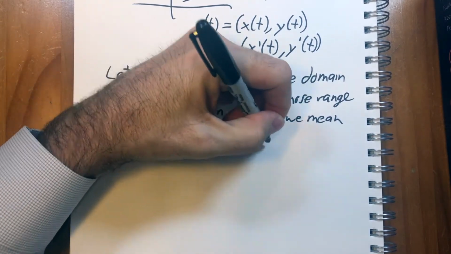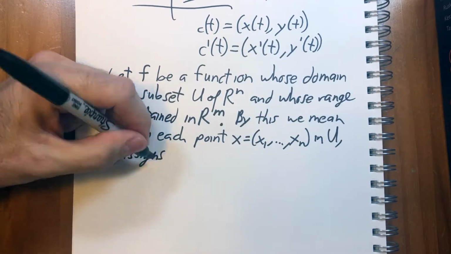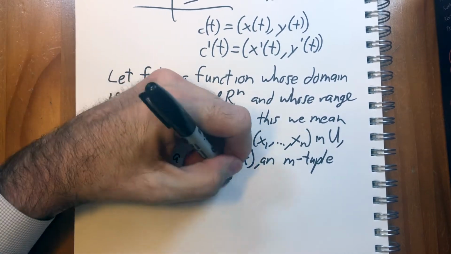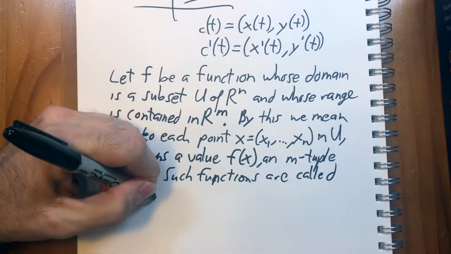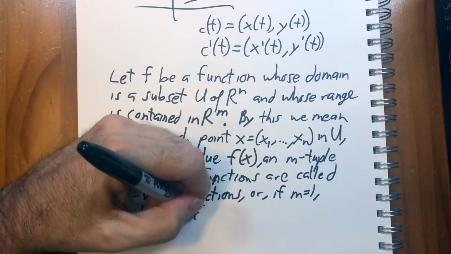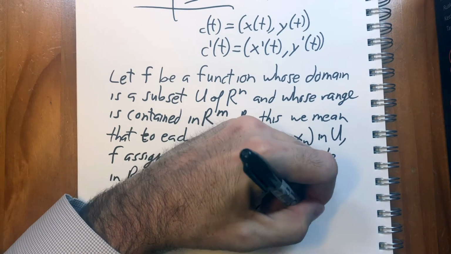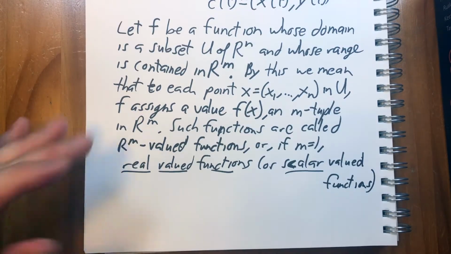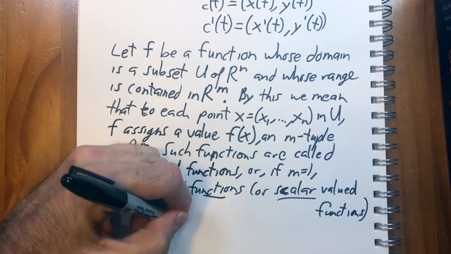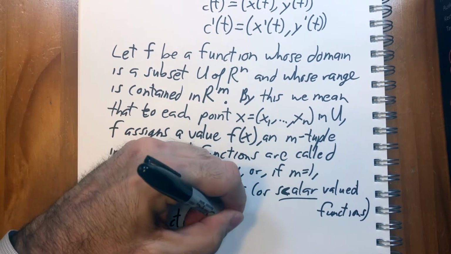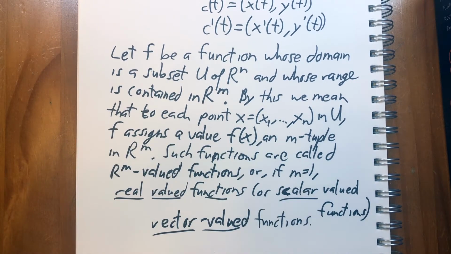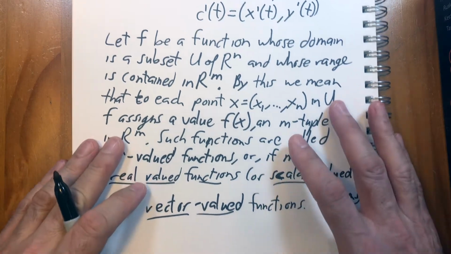By this we mean that to each point x, which is (x1, ..., xn) in U, f assigns a value f(x), an m-tuple in R^m. Such functions are called R^m-valued functions, or if m equals 1, real-valued functions or scalar-valued functions. So when the values of f(x) are in R^m, when it's more than one dimension, then they're called vector-valued functions. So for now, we're going to hold the range to one dimension and examine functions of several variables.